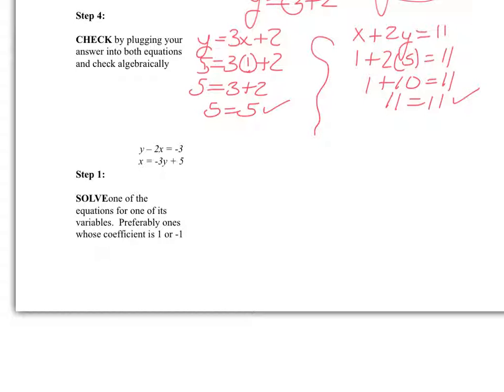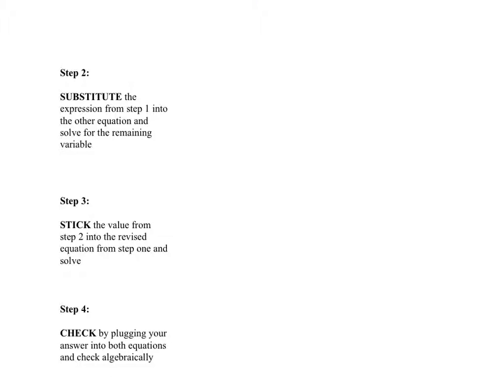In this case, again with step 1, I'm looking for the equation that has a variable all by itself, and that's x equaling -3y plus 5. So for right now, that's all we have for step 1. Now what we do in step 2 is we take our second equation, the one we haven't used yet, y minus 2x equaling negative 3.